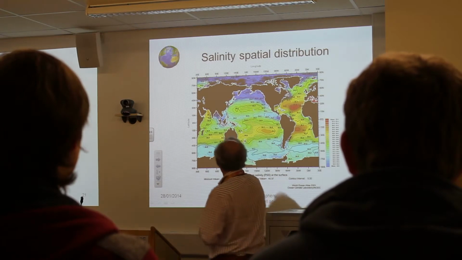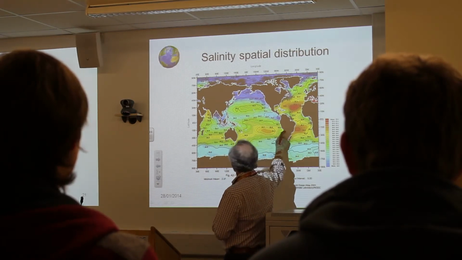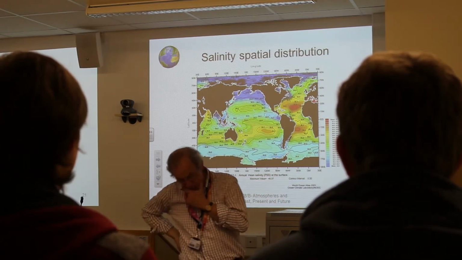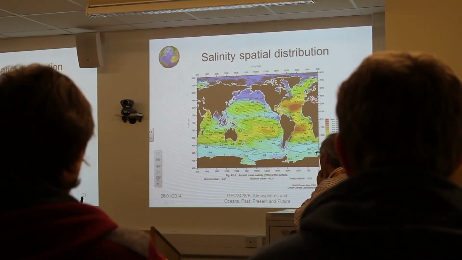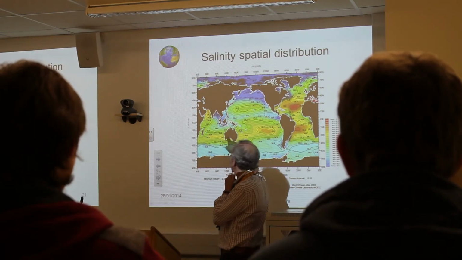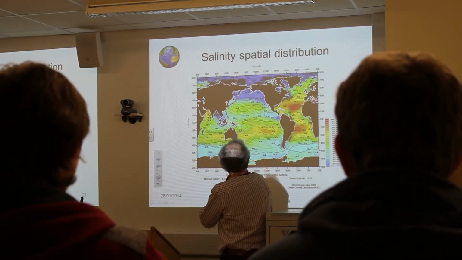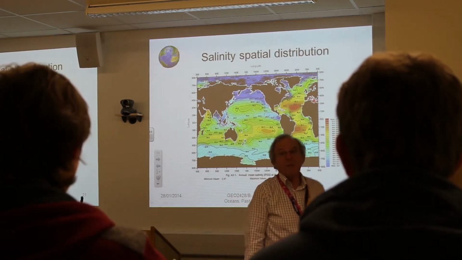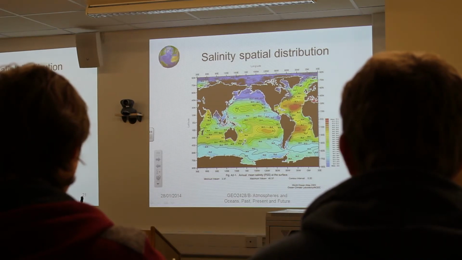Same is true for off here, because we have a very dry area along the western part of South America, again to be picked up, quite high around Australia because there's quite a lot of sediment available here. And we see this very high Mediterranean. The Mediterranean is very salty, largely because the water doesn't exchange very much, but there's plenty of salts getting into it.